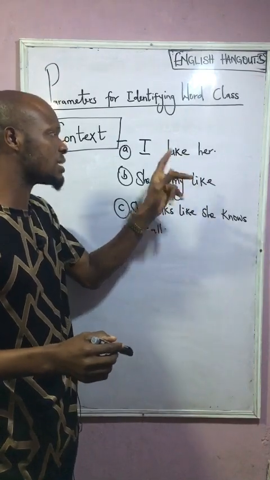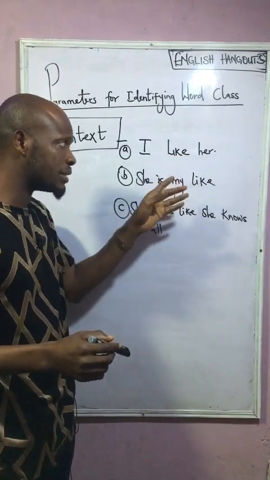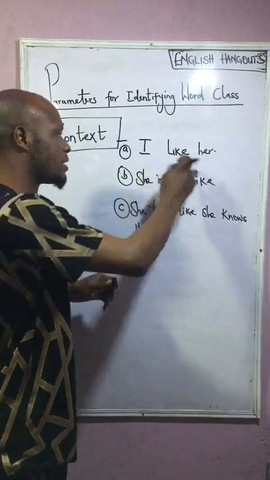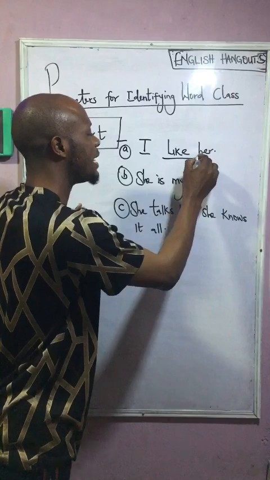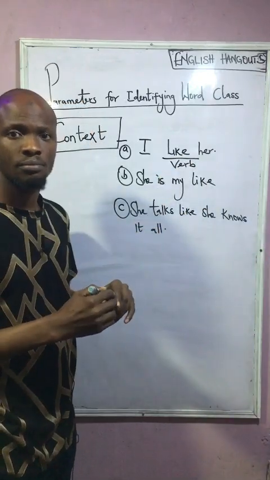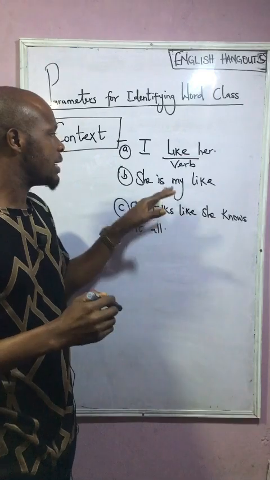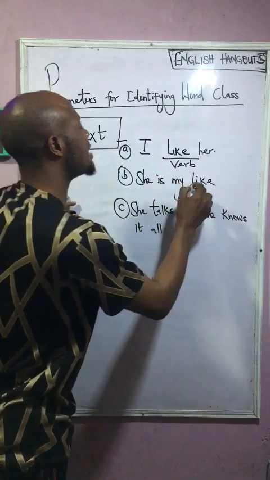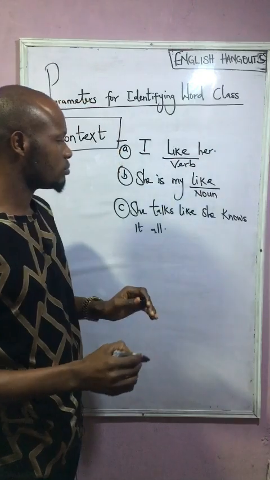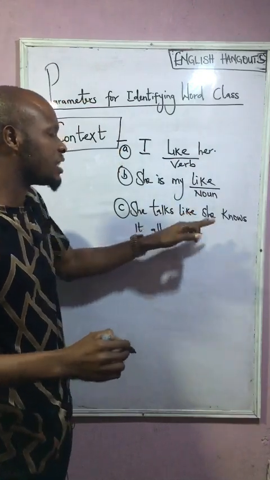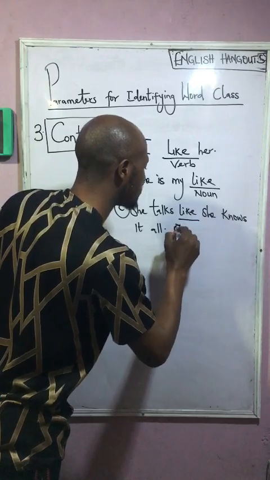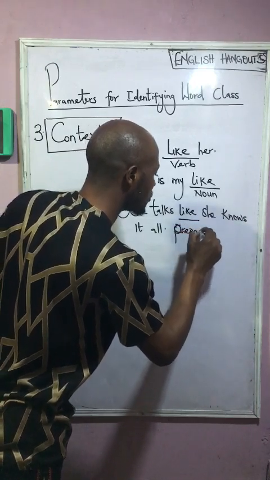The like in the first sentence, the meaning or the context in which it is being used here, differs from here. I like her: here like is a verb. She is my like: here it is a noun. She talks like she knows it all: here it is a preposition, not a conjunction.